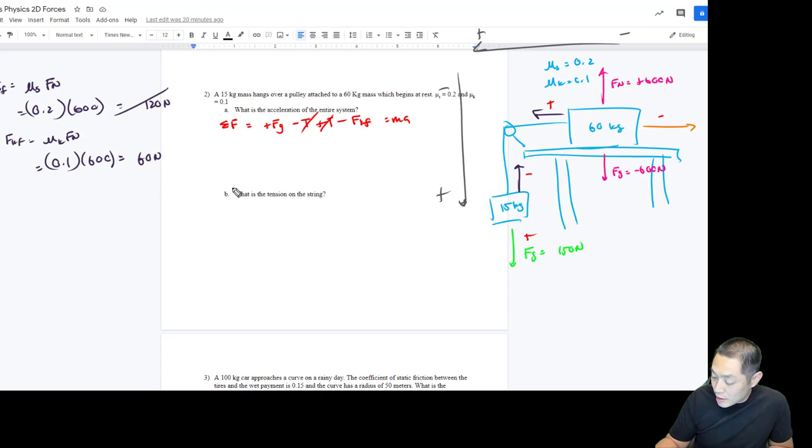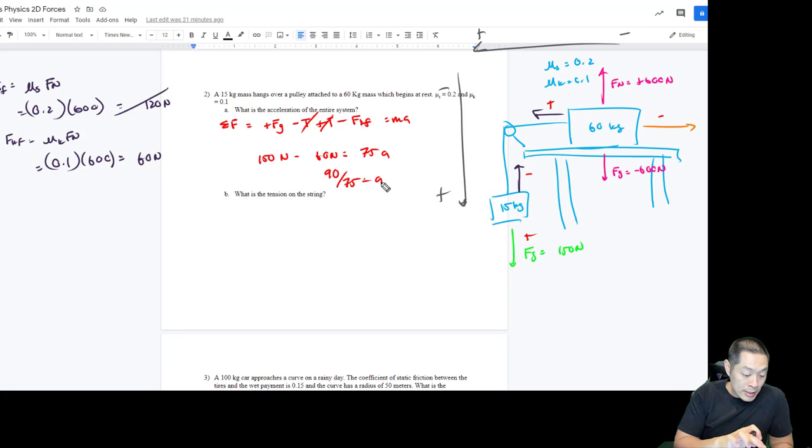So Fg is 15 times 10, so 150. Force of kinetic friction is 60. And then the mass of these two together is 75a. So we get 90, I believe, if I did my math right, over 75 equals a. And you get 1.2.